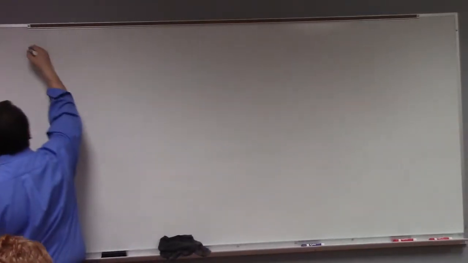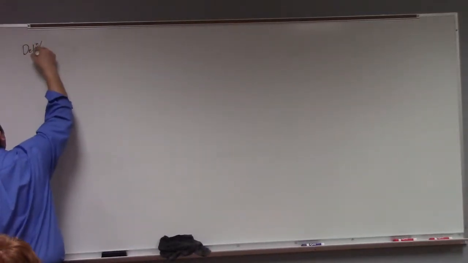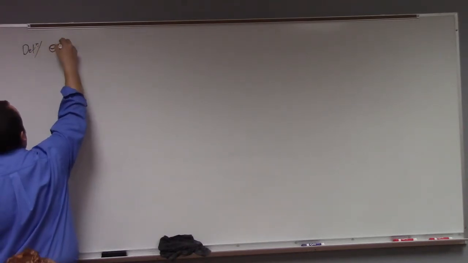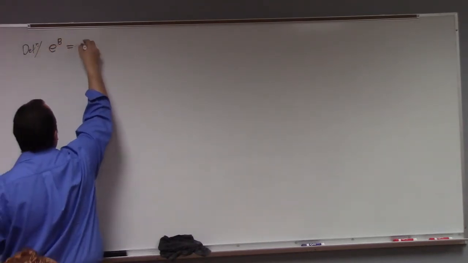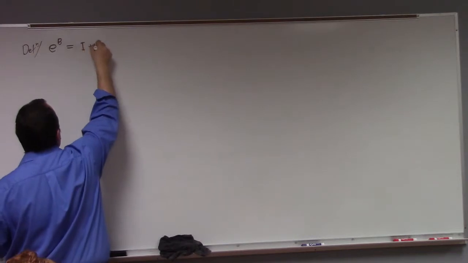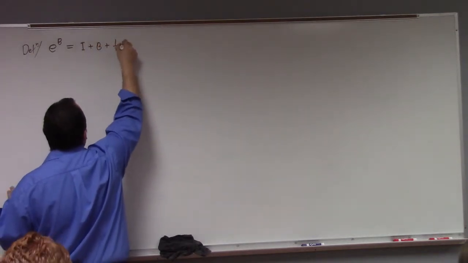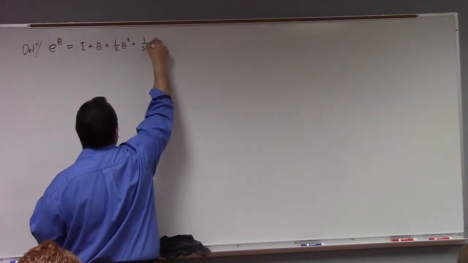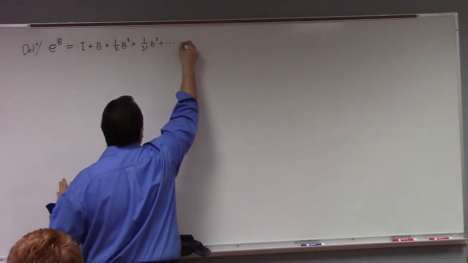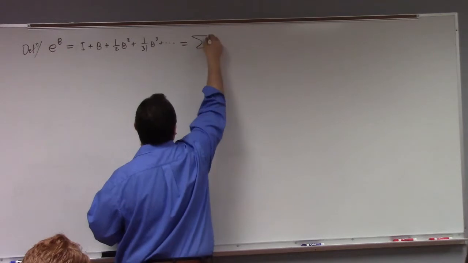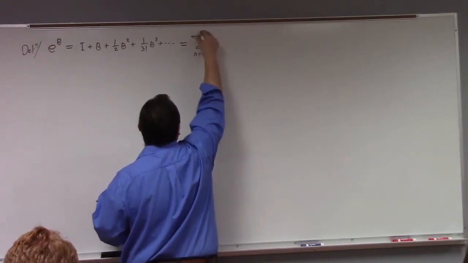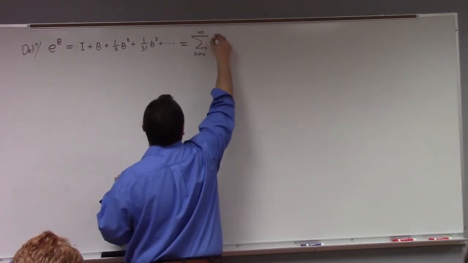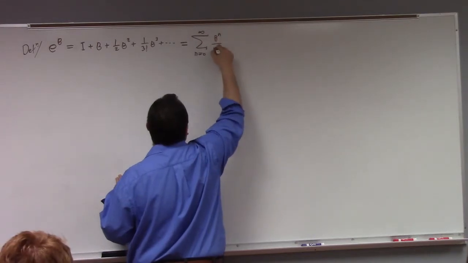It turns out that we can make the following definition. e to the B is equal to I plus B plus 1/2 B squared plus 1 over 3 factorial B cubed, and so on. More generally, this is the sum from n equals 0 to infinity of B to the n over n factorial.